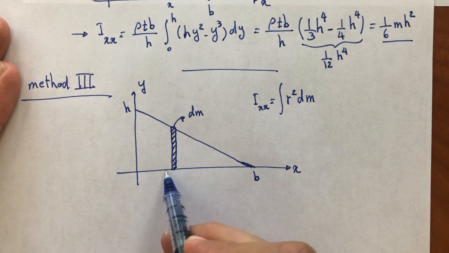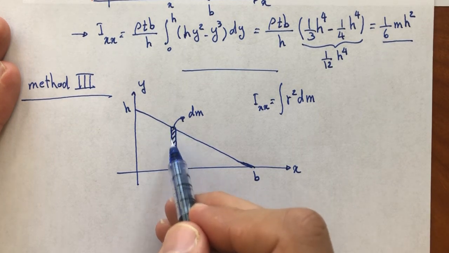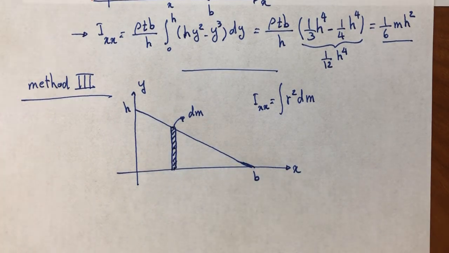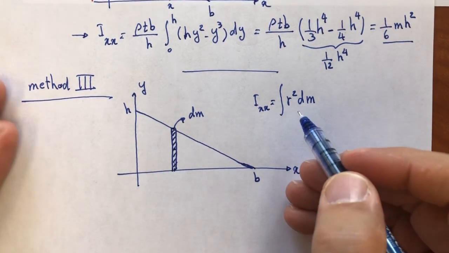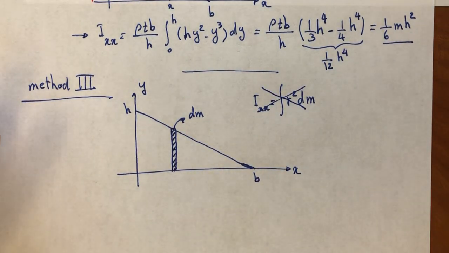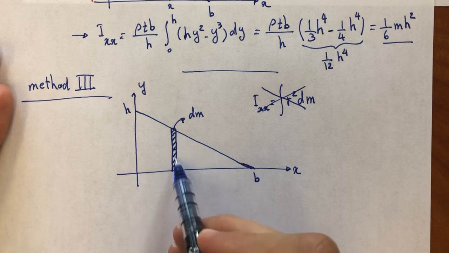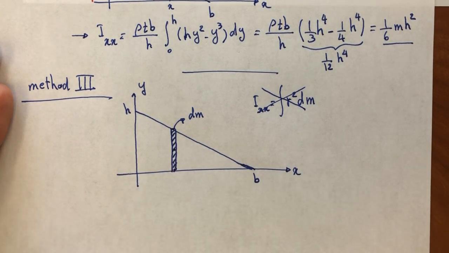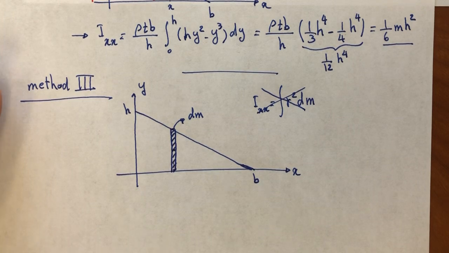The distance of this point is 0, the distance of this point is going to be something else, the distance of this point from the x-axis is going to be a totally different number, right? So we are not going to be able to use this equation to find the mass moment of inertia of this about the x-axis. But I can do a different thing.